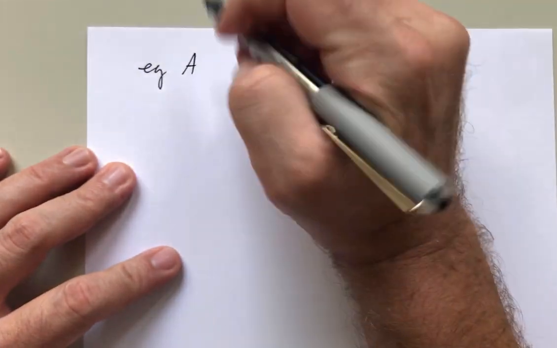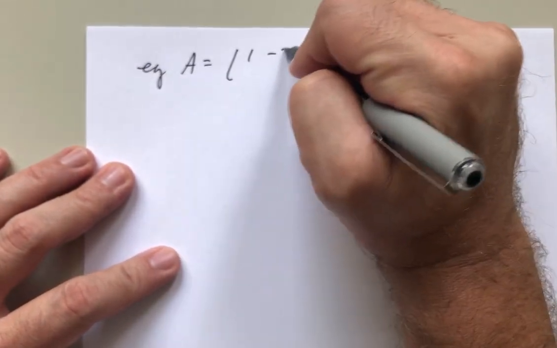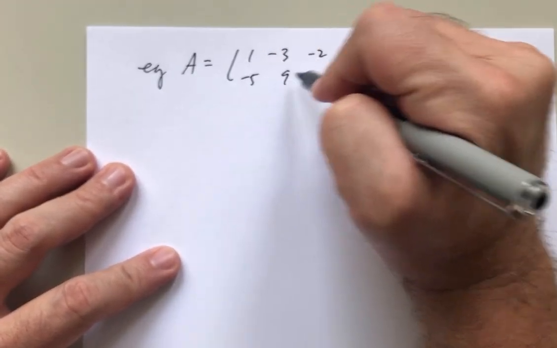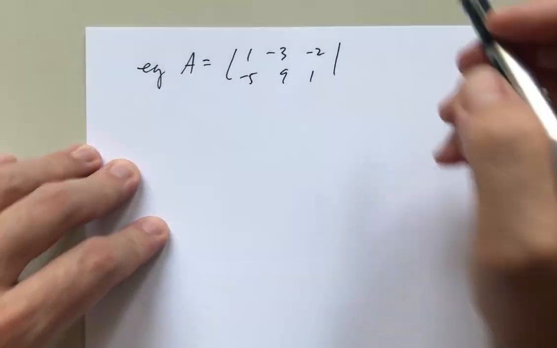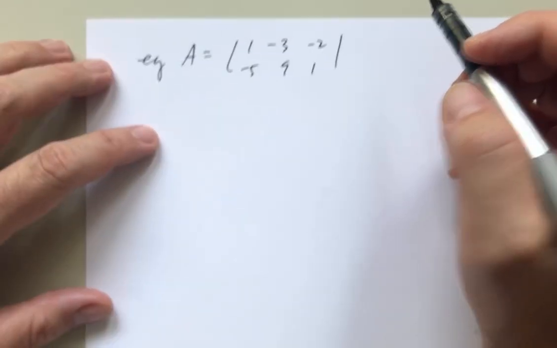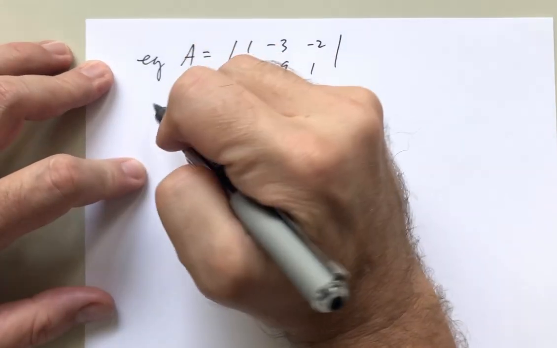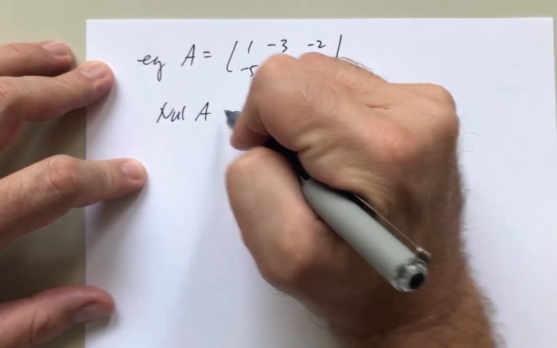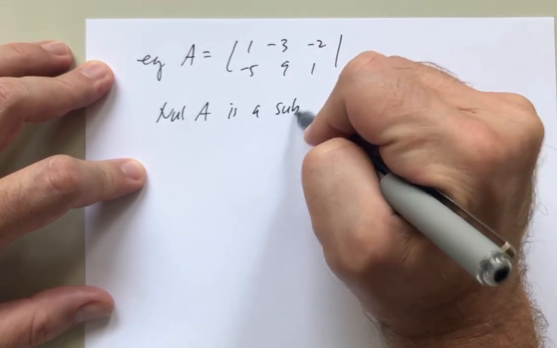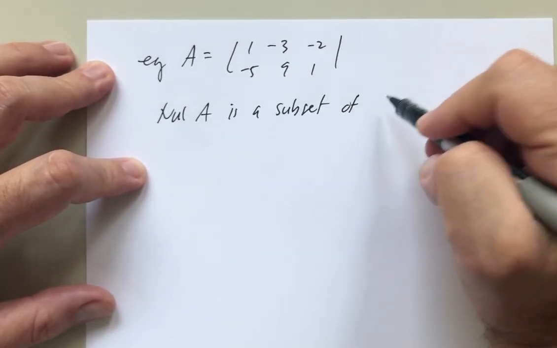Again, the good news is that this is something we've already studied. Let me consider an example. If I take this matrix A, this is a 2 by 3 matrix. I should first point out that the null space of A is going to be a subset of R3, since there are 3 variables here.